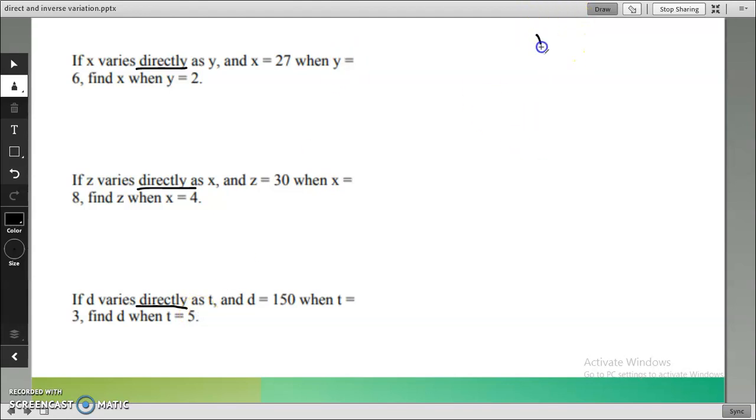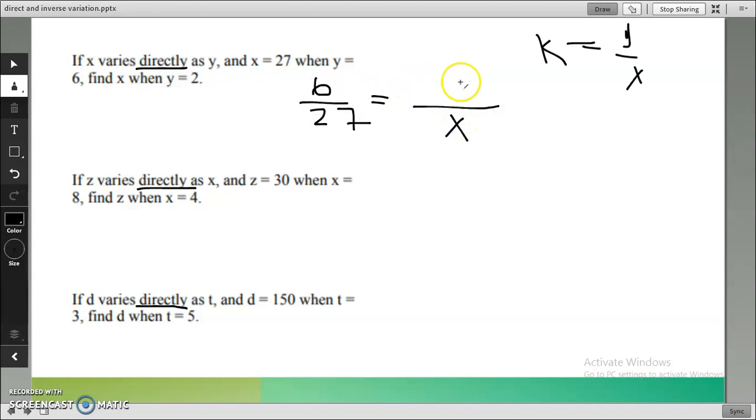If you recall, we know that k is equal to y over x. So if these are directly proportional, I can set up a proportion. It says if x varies directly as y and x equals 27 when y equals 6, we'll put that in there. Let's put 6 over 27. I want to find x.